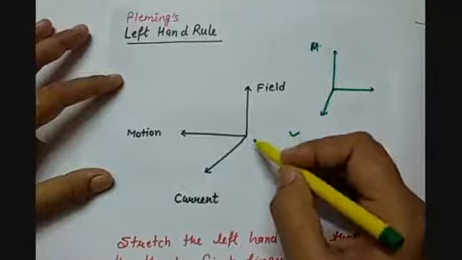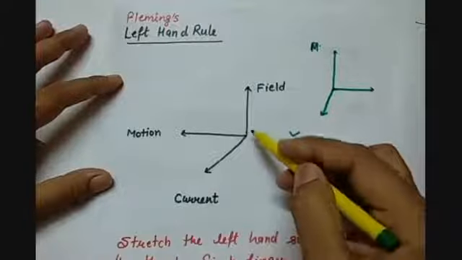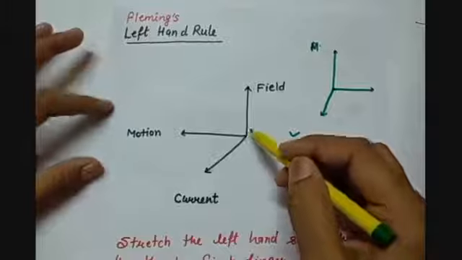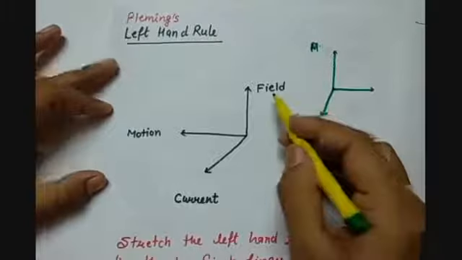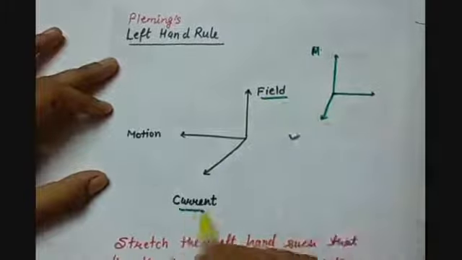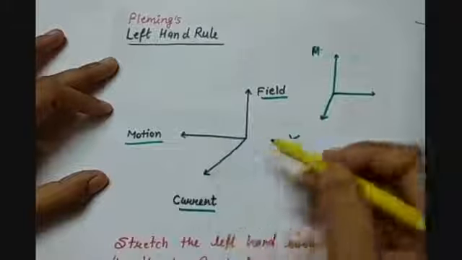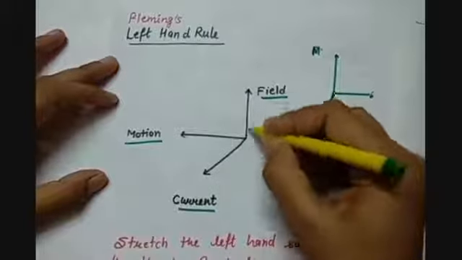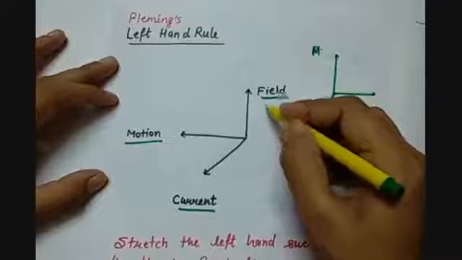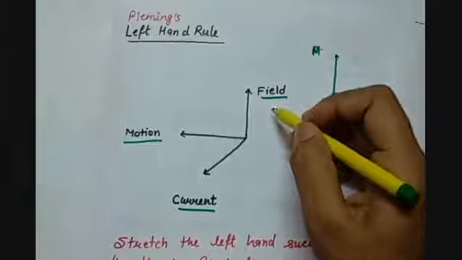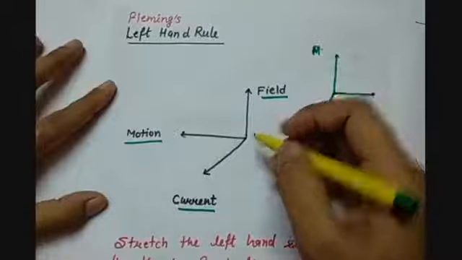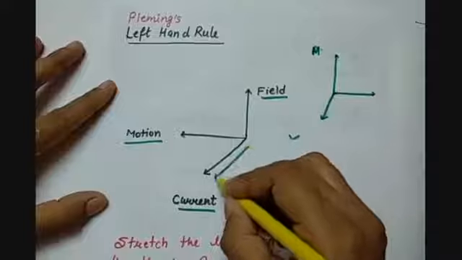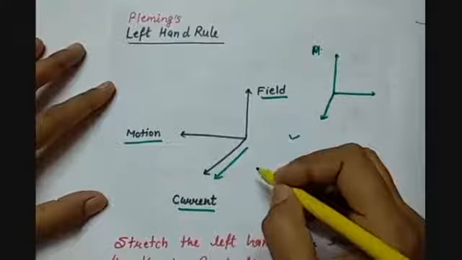So dear students, here I have drawn three mutually perpendicular lines which represent the field, current and the motion. Here the first finger represents the direction of the magnetic field, and the central finger represents the direction of the current.